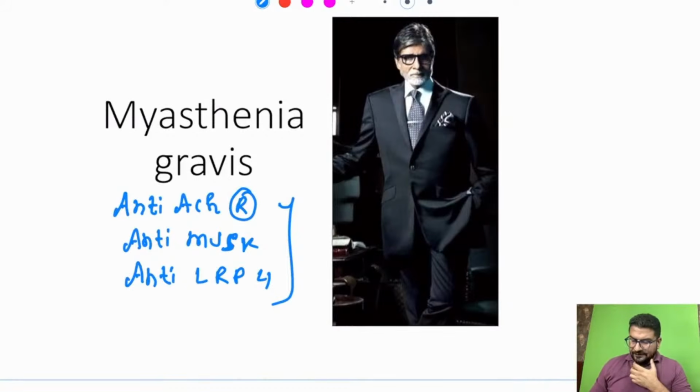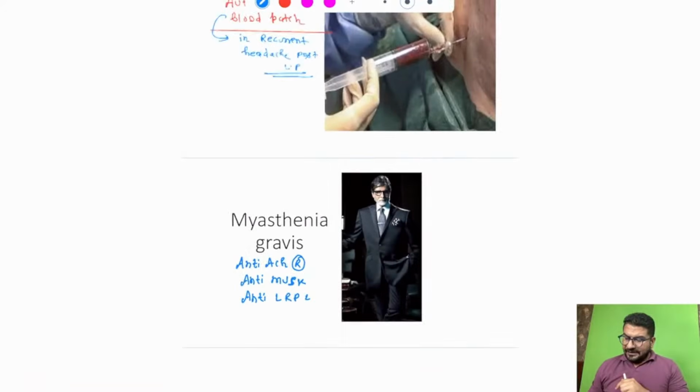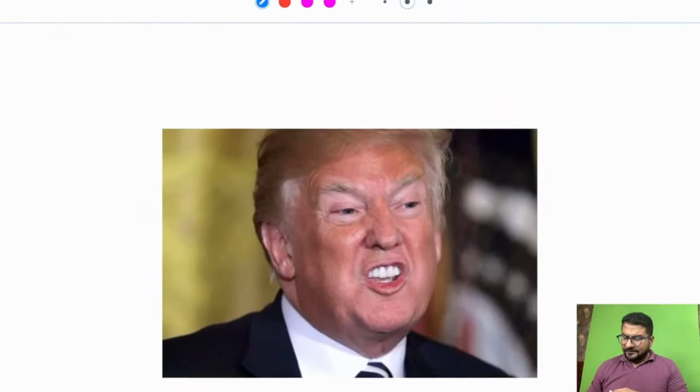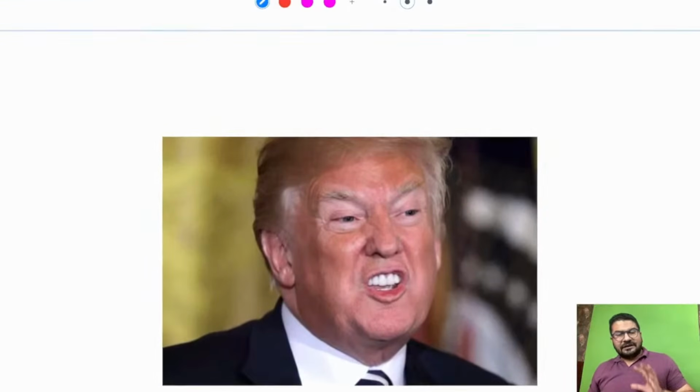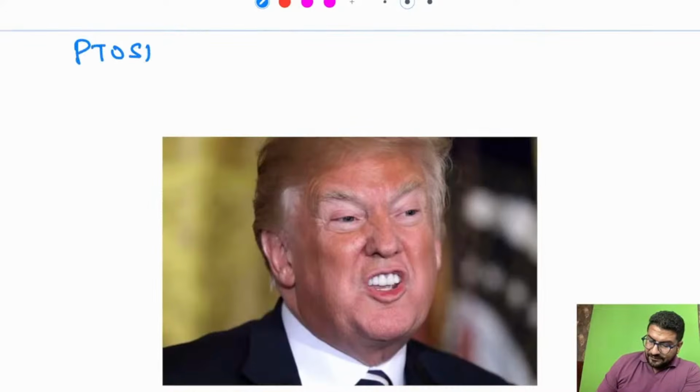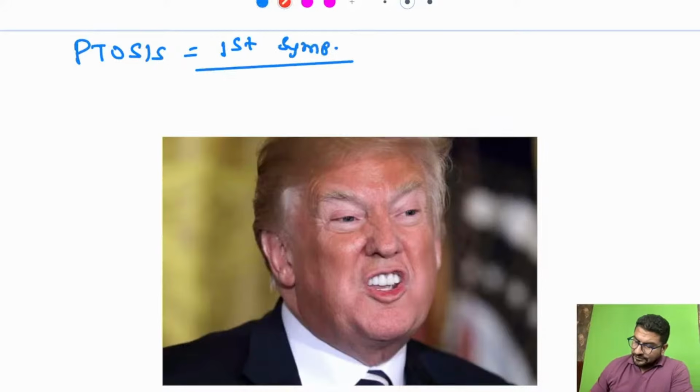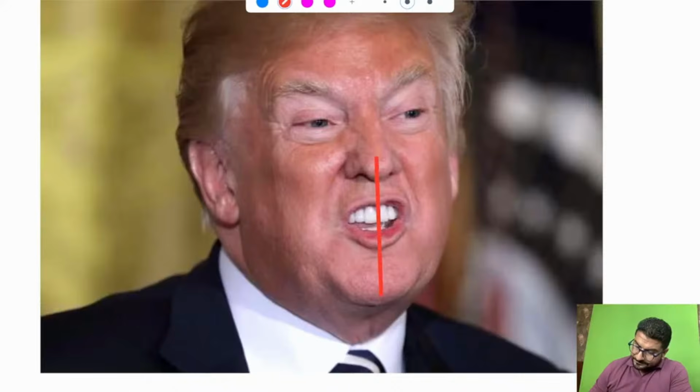Now look, जब भी आप myasthenia patient को देखोगे you will see different symptoms. So I can say symptom will be weakness. So weakness पूरी body में होगी. The first symptom that the patient will develop will be ptosis. You can see weakness in the facial muscles. So you can see a vertical opening of mouth.